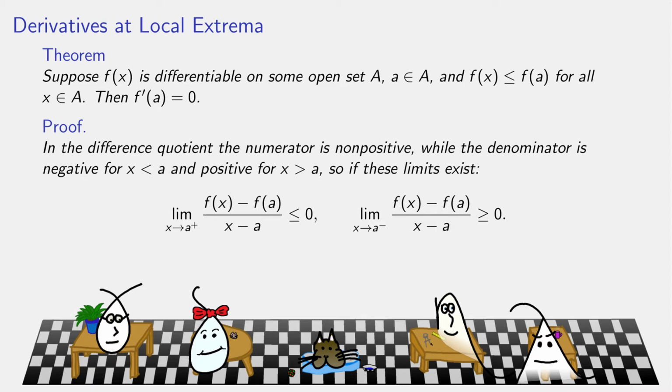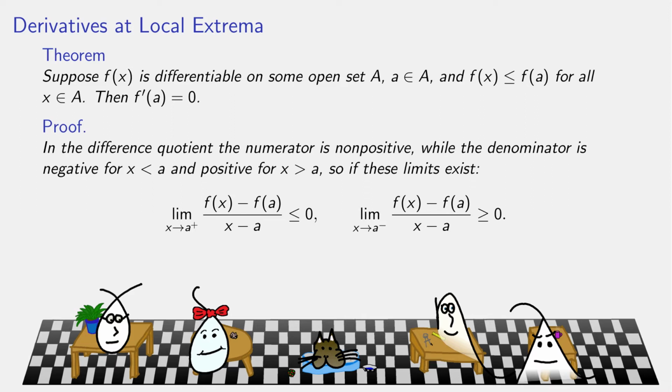So in the proof, we're going to take both left and right limits for these left and right derivatives. Okay, so our right derivative, which appears on the left there, since x is approaching a from above, x is bigger than a. But remember, f of a is bigger than or equal to every value of f of x.